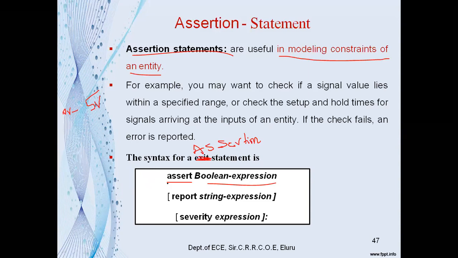In this assertion statement, we start with assert with a Boolean expression, and after the Boolean expression you will have a report string expression. So we will report with a message here.